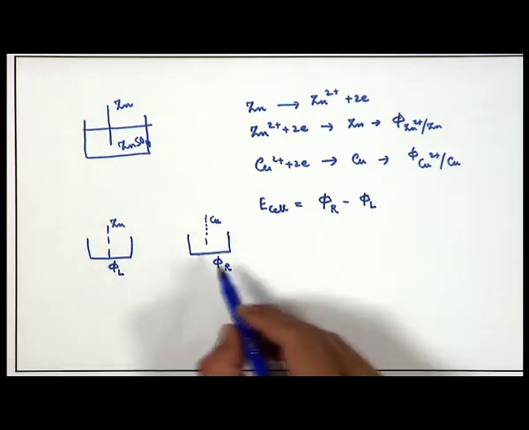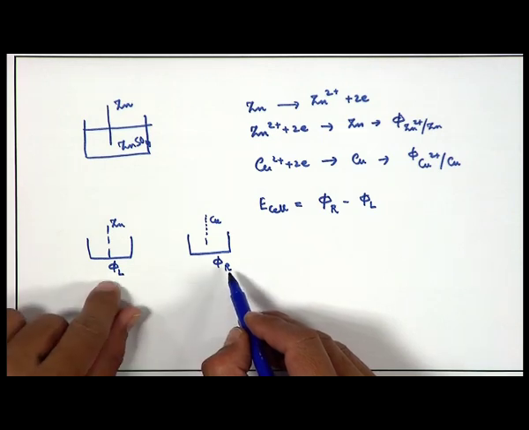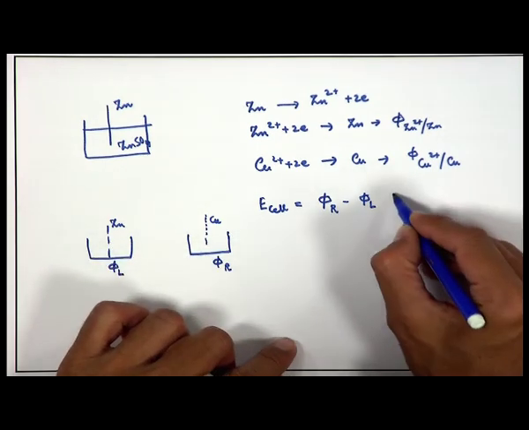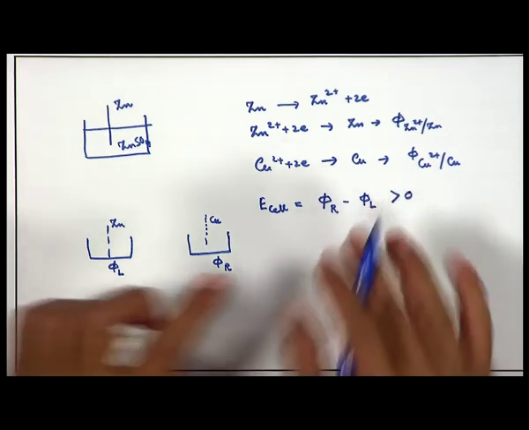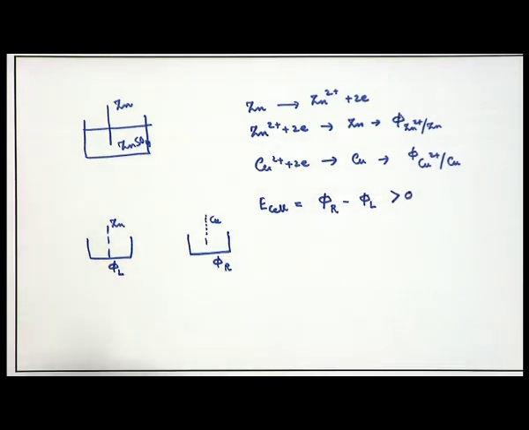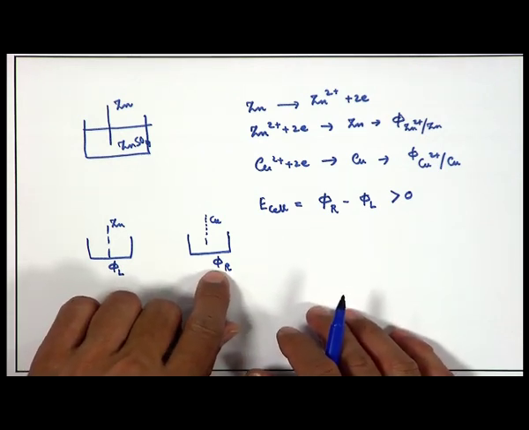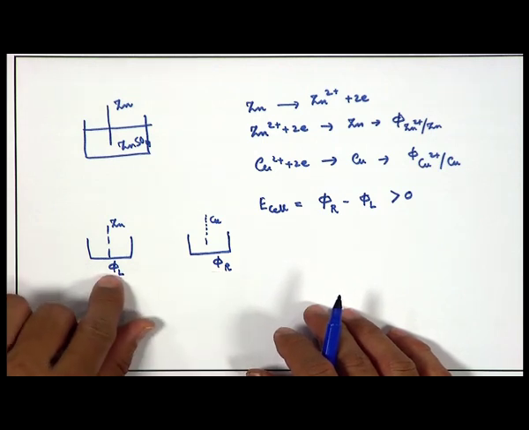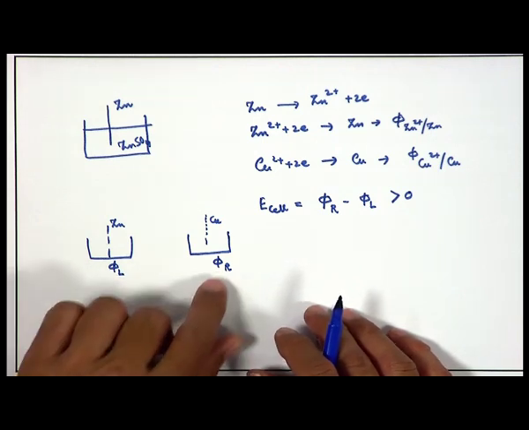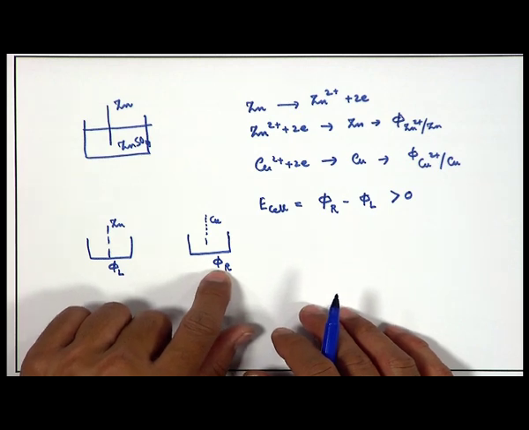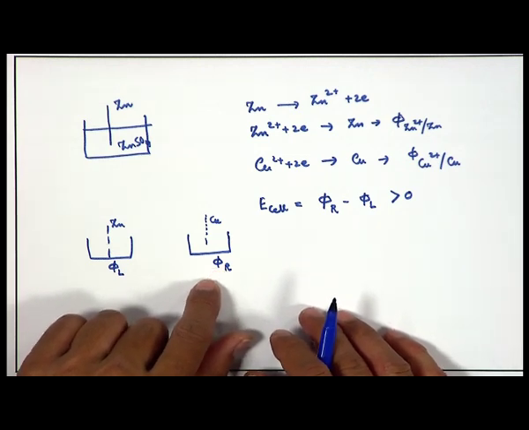So, your cell will be phi right minus phi left, because you need to have E cell which is greater than 0 to make the overall cell reaction spontaneous. Okay. So, therefore, reduction in the right hand and oxidation in the left hand, but where phi is nothing but the reduction potential.